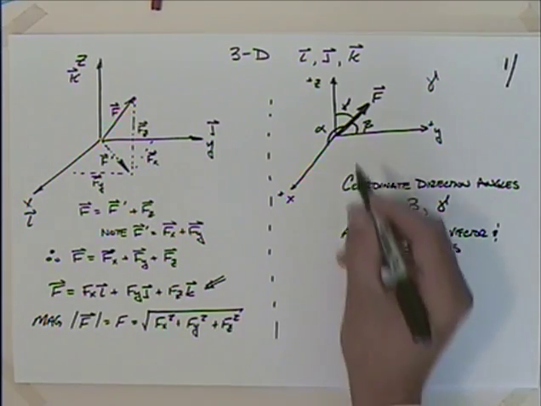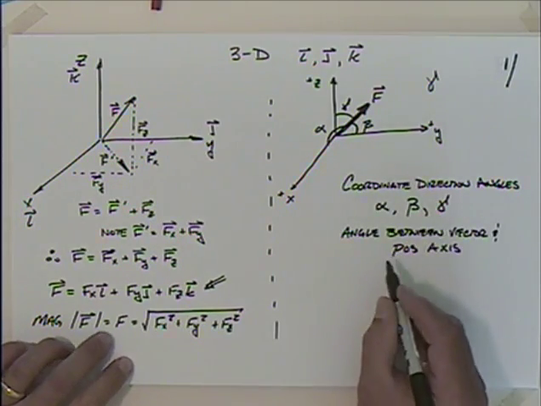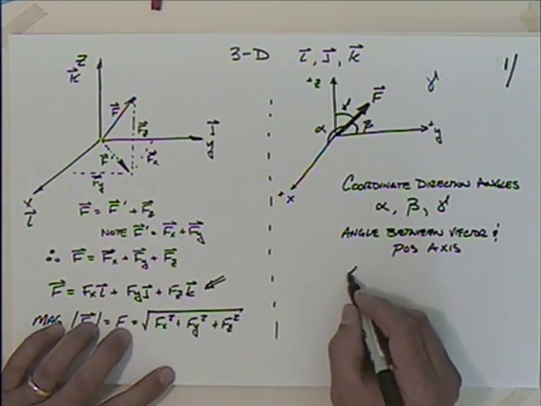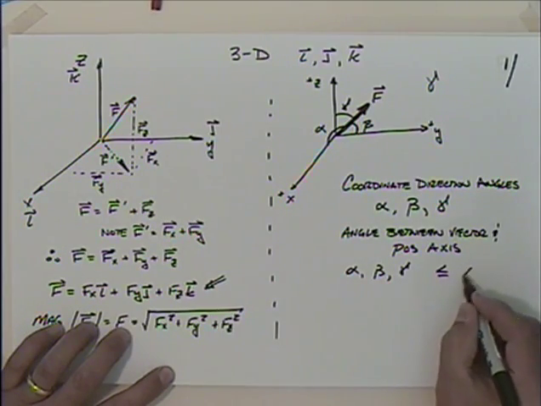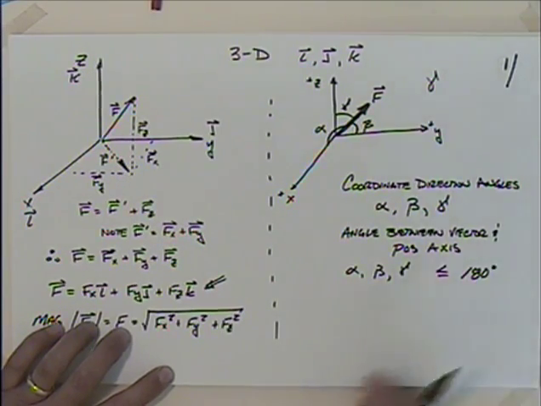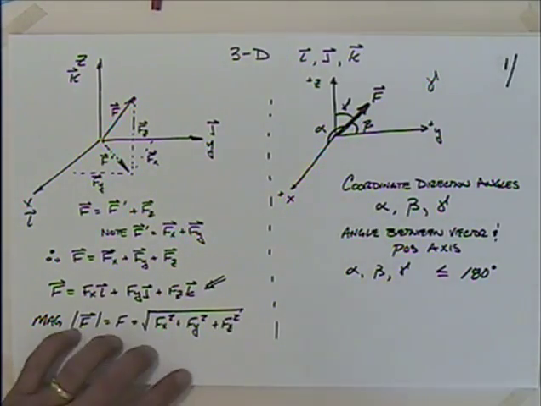So if you think about it as the angle between the tail of the vector and the positive axis, alpha, beta, and gamma are always going to have to be less than or equal to 180 degrees. So it's never greater than 180 degrees, which hopefully makes sense.